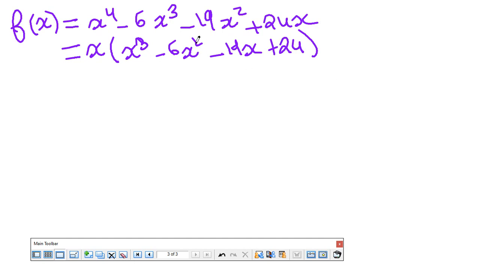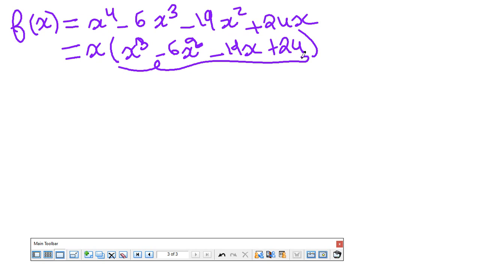But did I factorize to the maximum? Are the factors all linear? No, because I still have x3. So now I need to think about factorizing x3 minus 6x squared minus 19x plus 24. In the preceding chapters, we saw how to factorize this one.